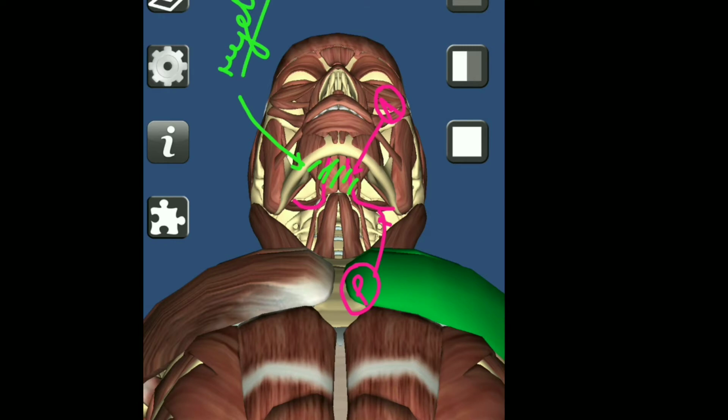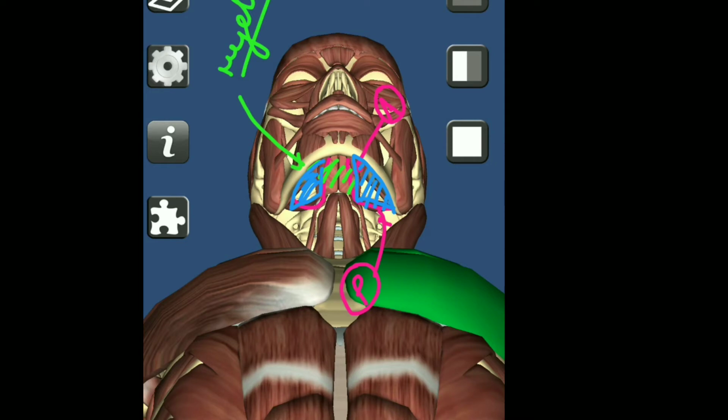Now we are first visualizing the first triangle that we have mentioned, and this is the submandibular triangle. You can see the triangle I am highlighting with blue color. Yes, this is the submandibular triangle.